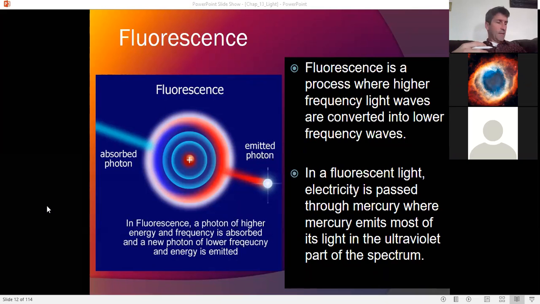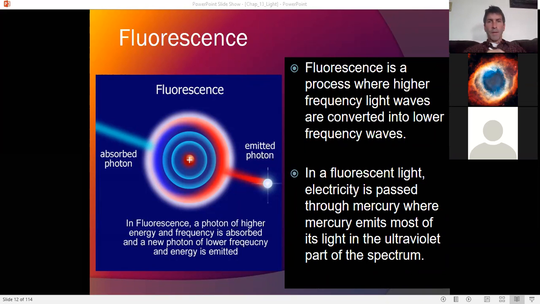So these white LEDs actually have two components. They have an LED which produces light, usually blue or purple light, and then they have a coating of a fluorescent, phosphorescent material, which changes the color.